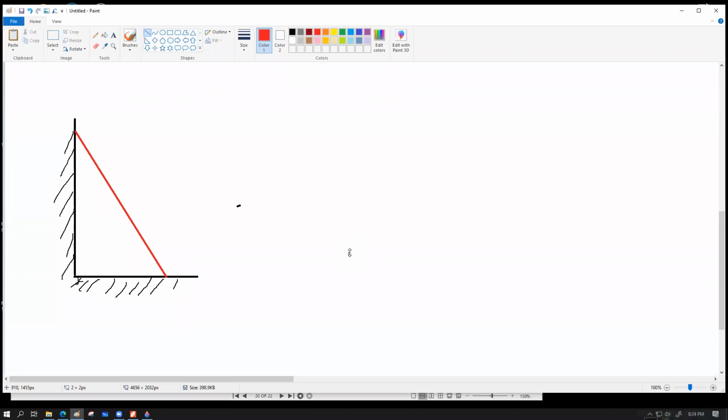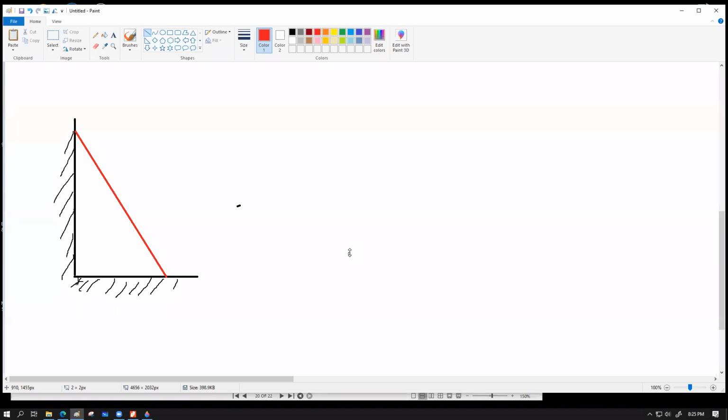We're going to try and see what is going to happen to the movement or to the forces available on the ladder if the wall is smooth and the floor is rough. If both of them are smooth, let's say, that's one scenario. Then another scenario can be where both of them are rough. Then you can vice versa them. So we are gonna check how the forces are gonna work out if the wall is rough and the floor is smooth, and then we can also check what's gonna happen if the floor is rough and the wall is smooth. So we're gonna see 4 different scenarios of force calculation.